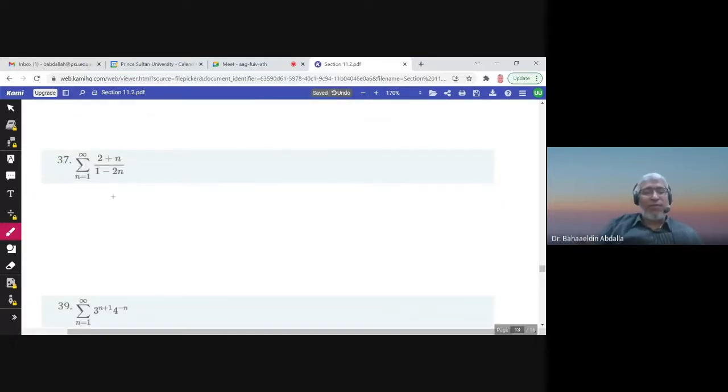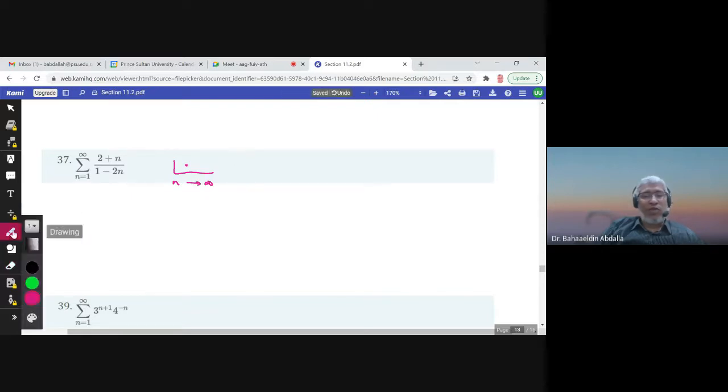Well, here, it is not a geometric series. It's not a number to the power n. It cannot be written as a telescoping sum. So let me find the limit of an, and from now on, whenever we discuss the convergence or divergence of a series, always begin by finding the limit of an when n goes to infinity.